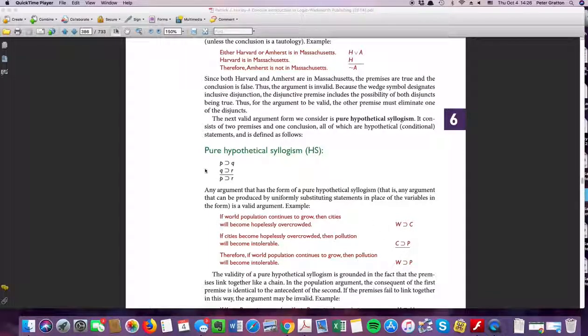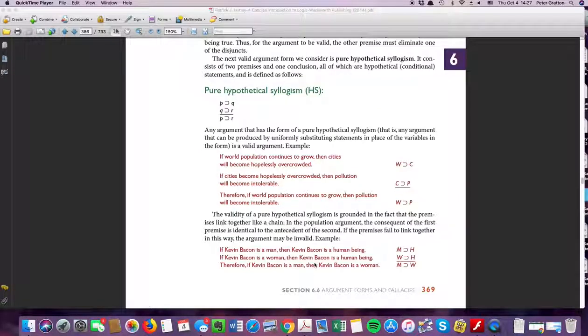If P then Q, if Q then R, go straight across, cut this out. If P then R. And we know this is always valid, whatever you put in for P and Q. Even if it's W then C, C then P, again, cut those out, W then P, your conclusion. So that's the pure hypothetical syllogism.